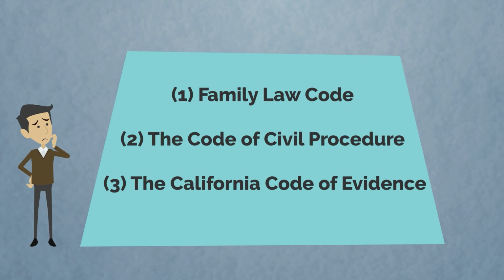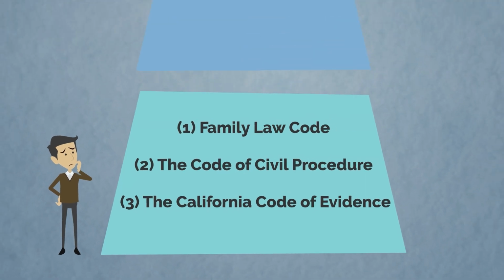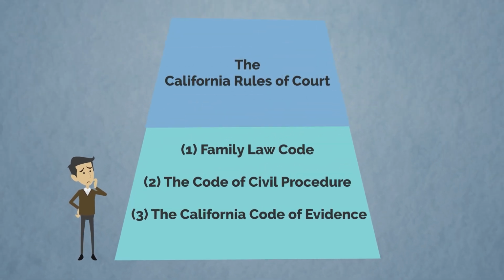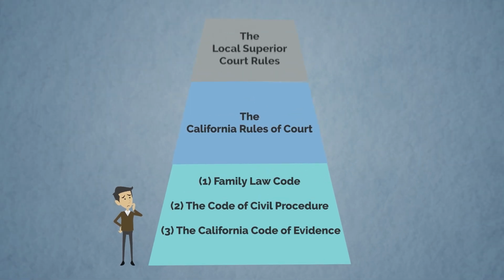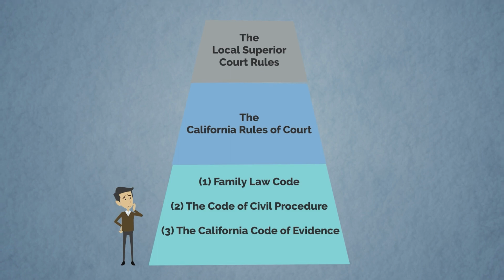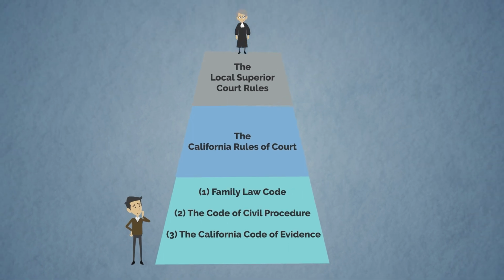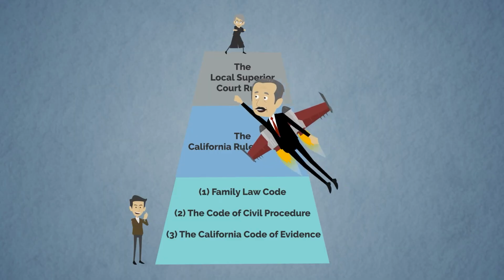Tier 1 rules include the Family Law Code, the Code of Civil Procedure, and the California Code of Evidence. The second tier rules are the California Rules of Court. The third tier rules are local Superior Court rules. And last, sometimes a family law judge may have his or her own department rules. A competent family law attorney will help you navigate all these rules.